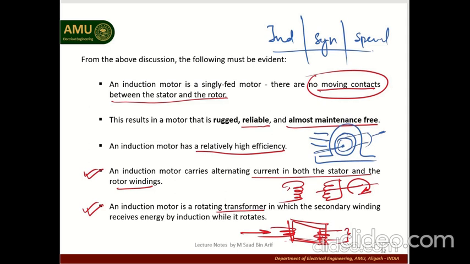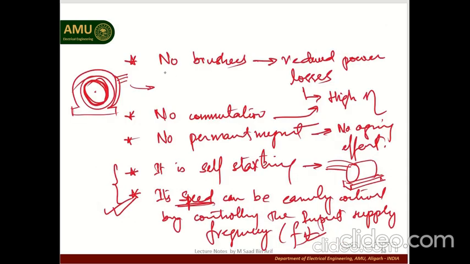Okay. Now we also see that induction motor has a few special features such as no brushes, no commutator, no permanent magnet. Electromagnet is used in case of induction motor, that is, the stator windings act as an electromagnet.